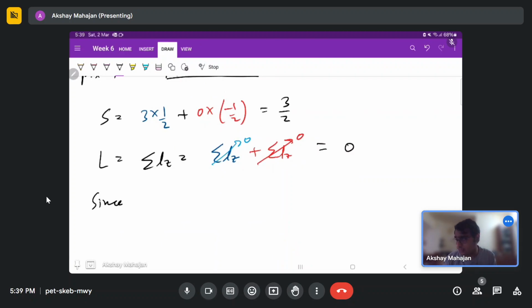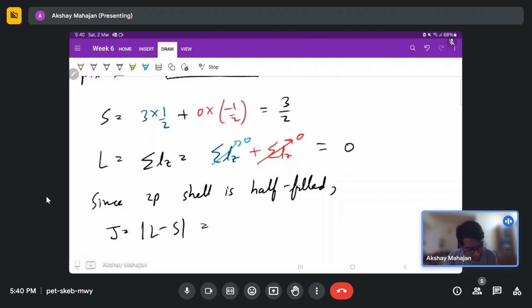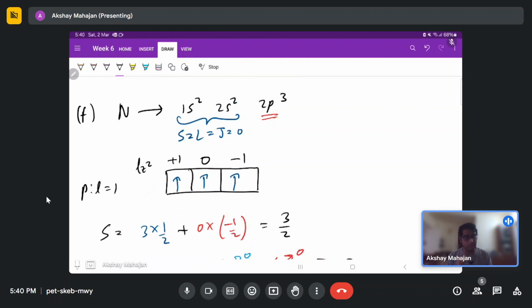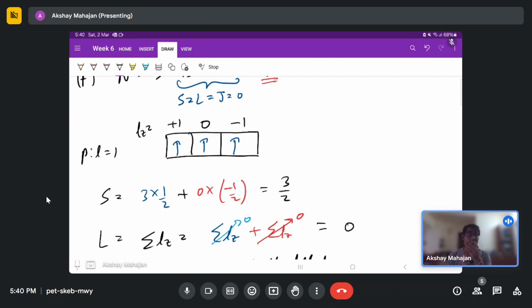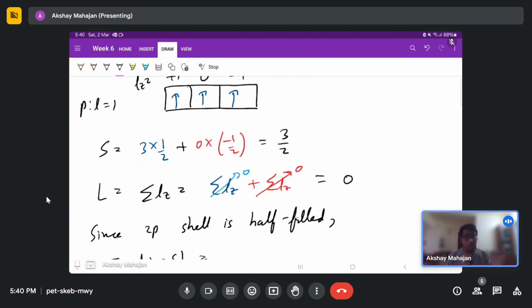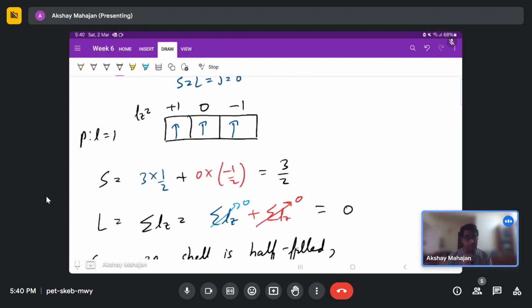Since this 2p shell is half filled, J is the modulus of L minus S. One thing you should notice: whenever the system is half filled, capital L will be 0, because we are filling electrons from plus l to minus l, so the summation of Lz is always 0.